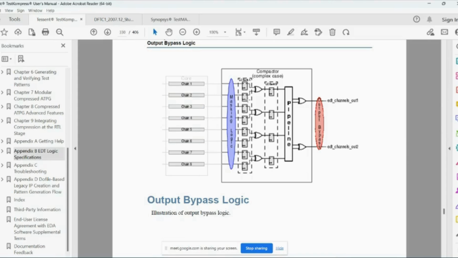Only XOR gives you the benefit. Before the XOR, we have a logic called masking logic. Masking logic is an additional AND gate. We'll discuss masking logic in the second topic.